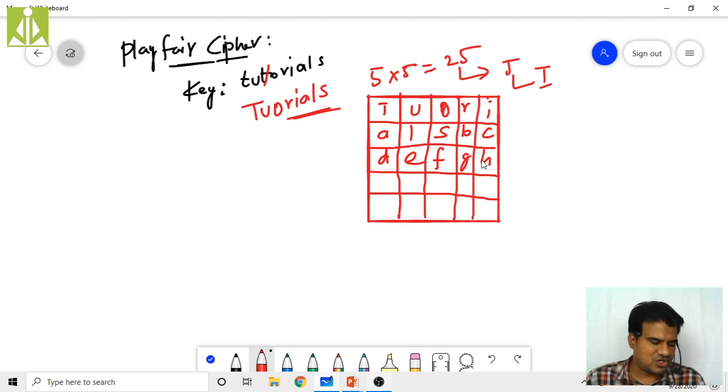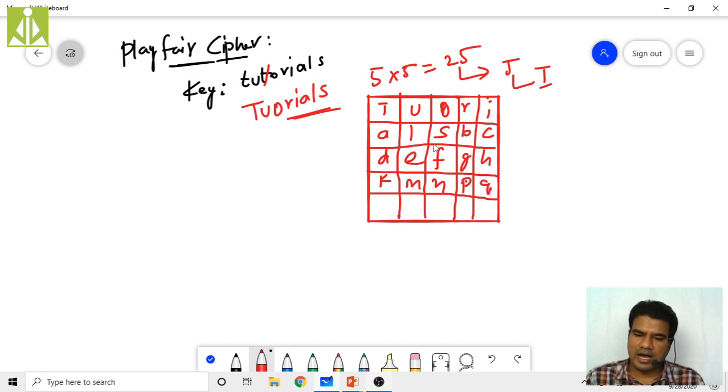So after G, we'll get H. Then after H, what will we get? We'll skip I, we already got it now, and J we are skipping. So we get K, L is already here. So M, N, O is already here. So P, Q, R is there.